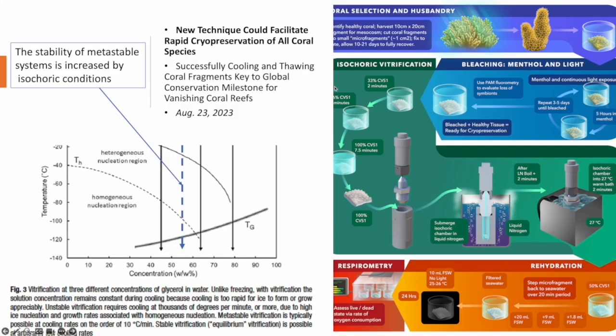And this is a recent result that was just published in Nature Communications, with the preservation of centimeter-scale corals with the vitrification solution that Brooke and Tony have worked on, and I guess it made the news just 2 days ago or so.